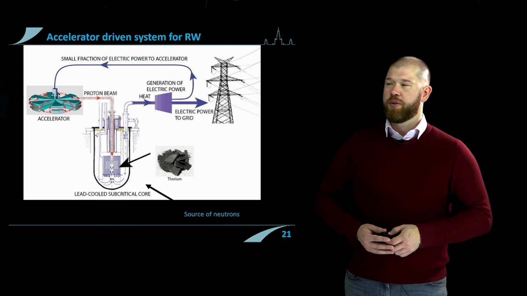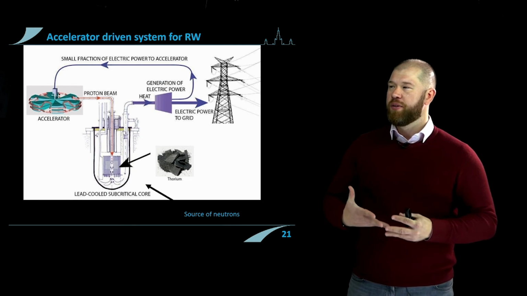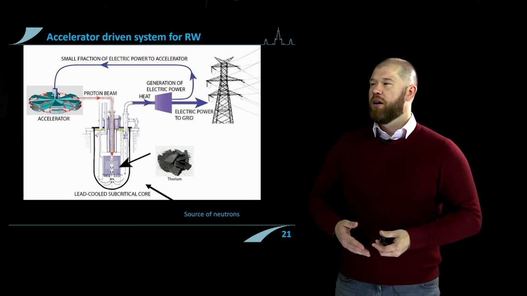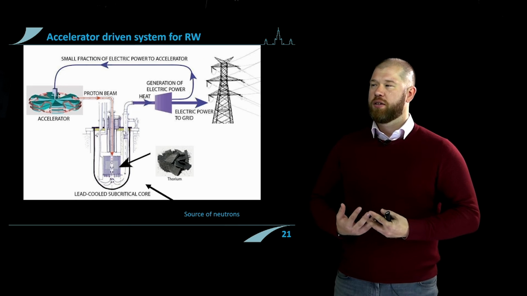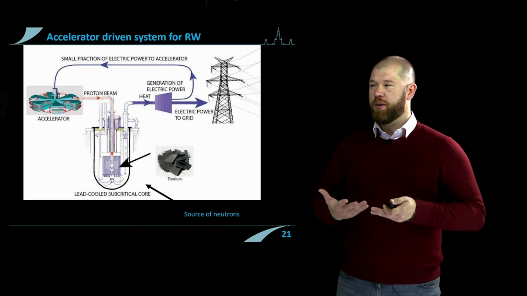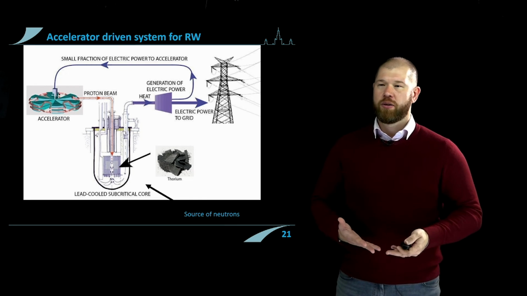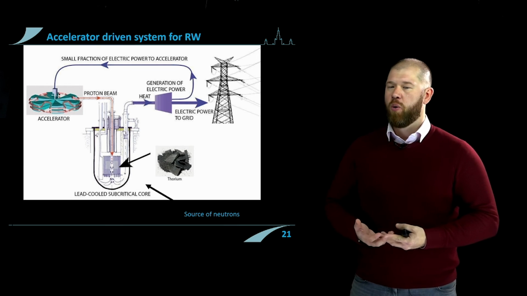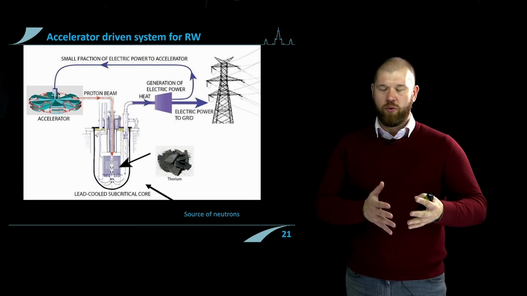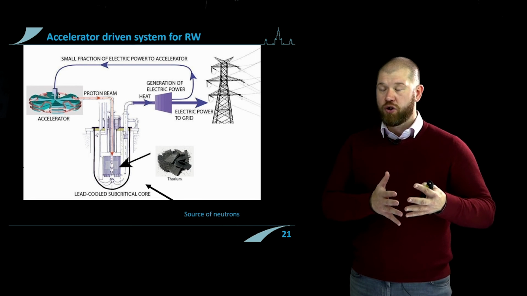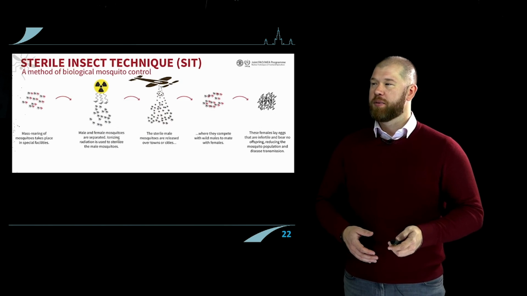Another application is the treatment of nuclear waste with the accelerator-driven system. It is a very unique technology that is still under development, but with these techniques we can decrease the amount of radioactive waste by transmutation of the long-lived radionuclides and transformation of them to either short-lived radionuclides or even to stable elements.